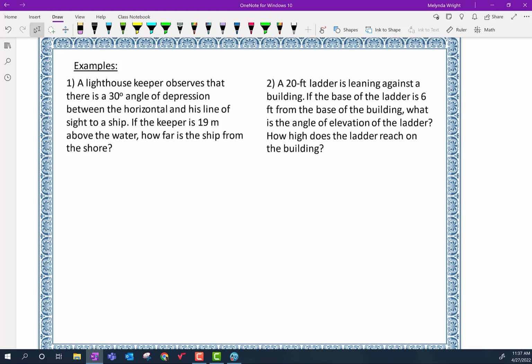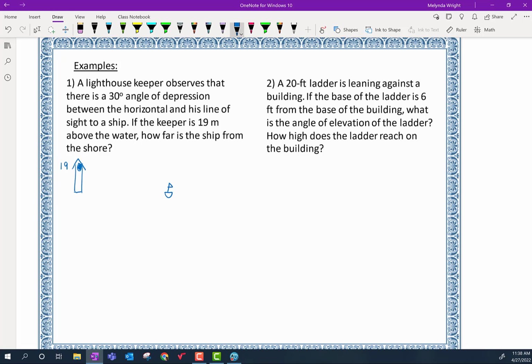Okay, if the keeper is 19 meters above the water, how far is the ship from the shore? Okay, so let's draw our lighthouse. Don't make fun of my lighthouse. It's not a great lighthouse. So there's my lighthouse. There's a light. He is 19 meters up, so he's up here in this little place, and that's 19 meters. That's tall. And we've got a ship out here.